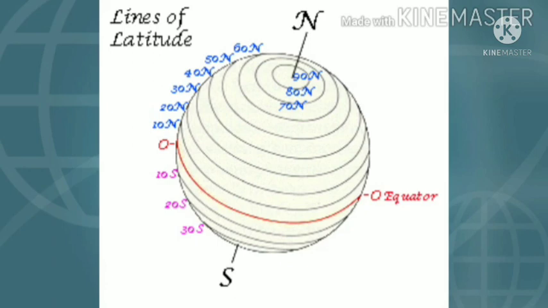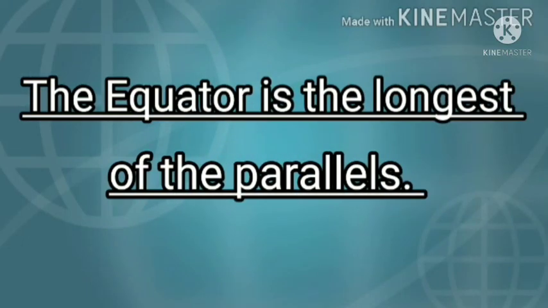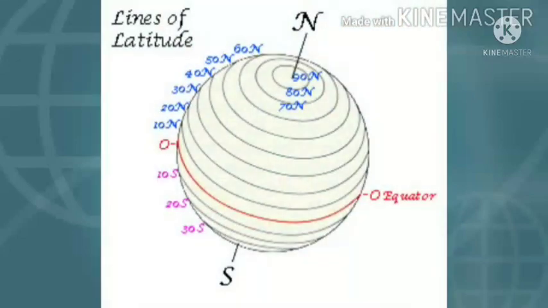Lines of latitude are numbered from the equator, which begins at 0 degree. The equator is the longest of the parallels. Please note that. These parallels keep decreasing in length as they move towards the poles. At the poles, the line is just a point.